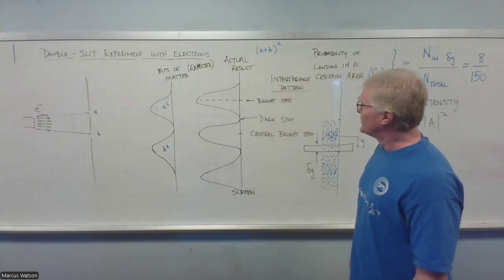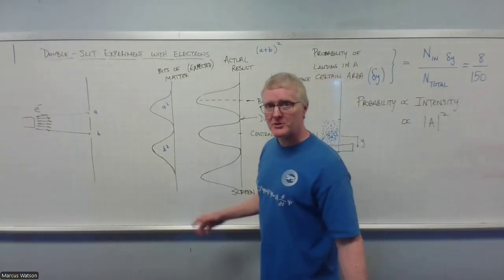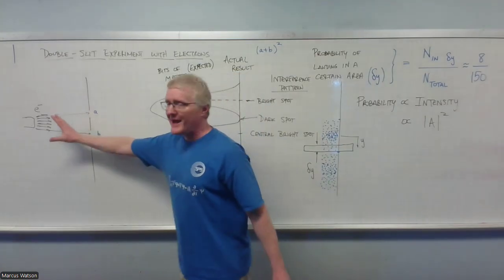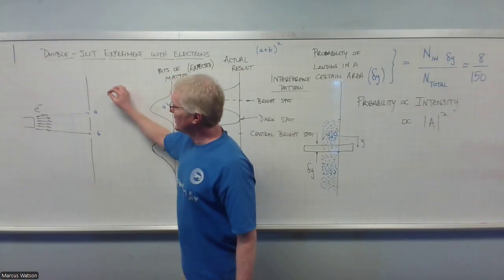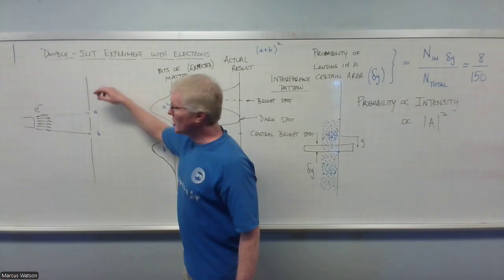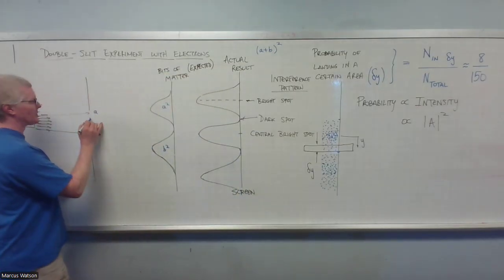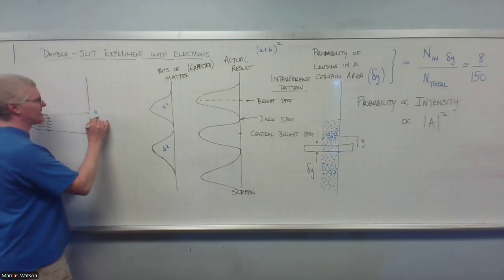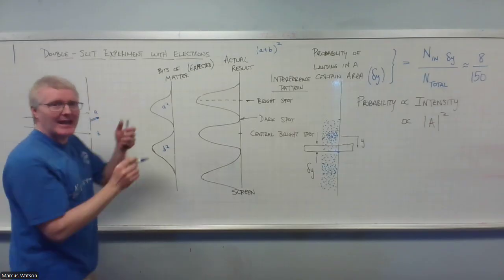All right? So, furthermore, if I do an experiment to try and figure out, while this is running and I have both slits open, and I want to figure out, did the electron go through slit A? Whenever it goes through slit A, I'm going to be really clever about this, and I'm going to put a little light right back here that's going to shine light upwards, and anything that comes through slit A, I ding the light on.